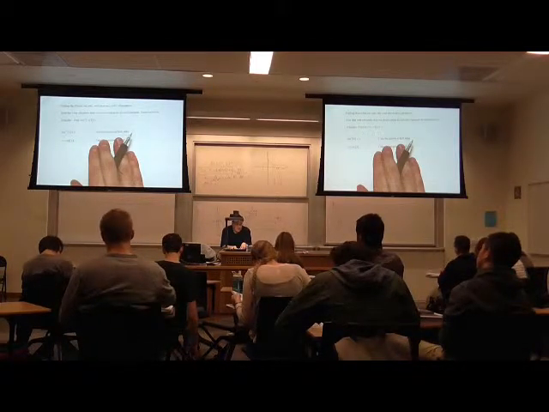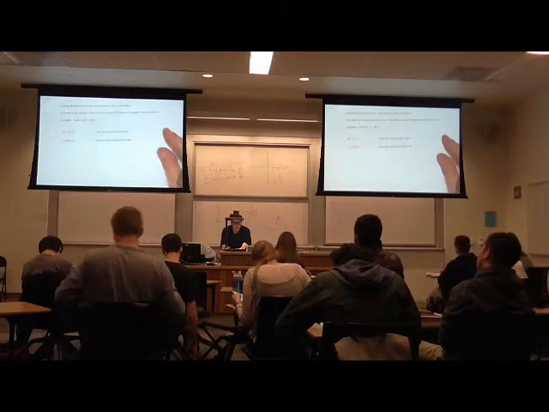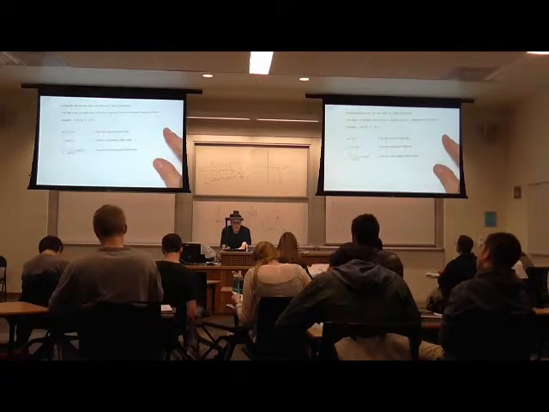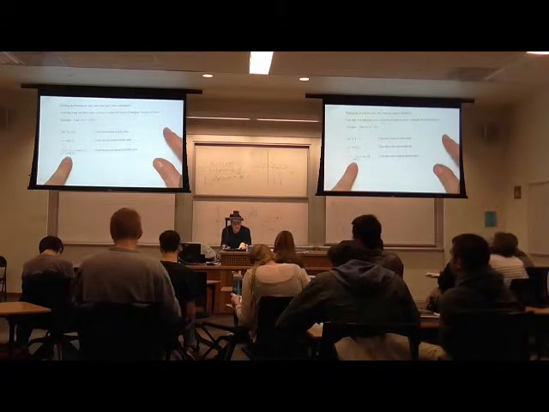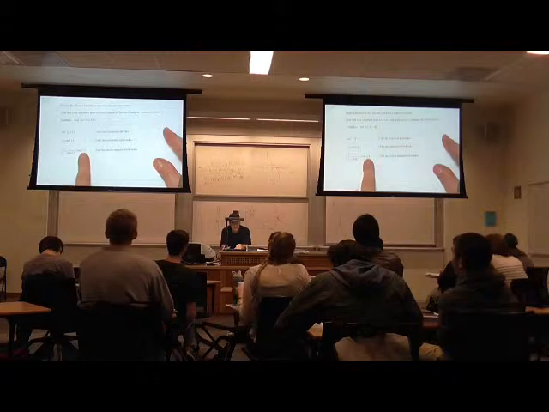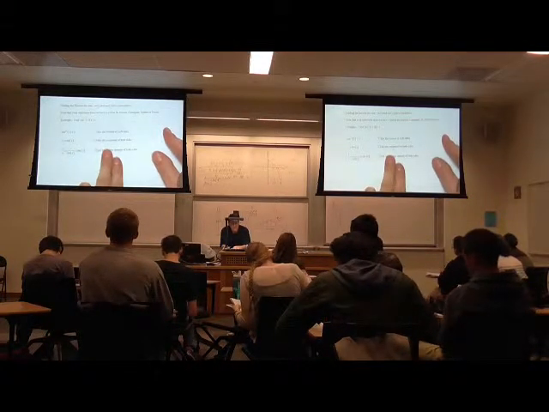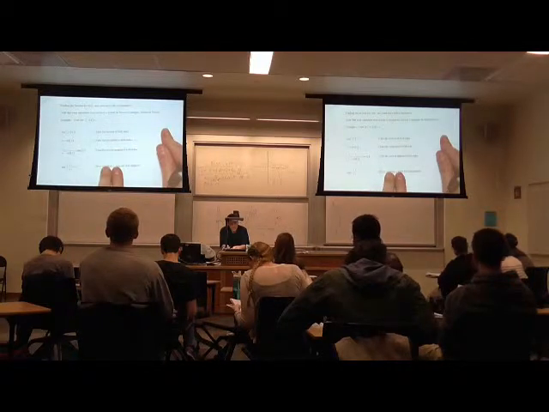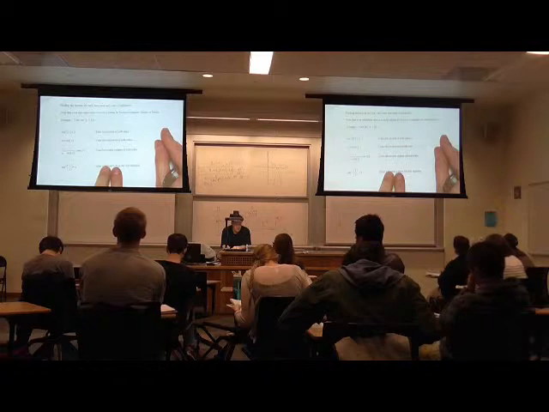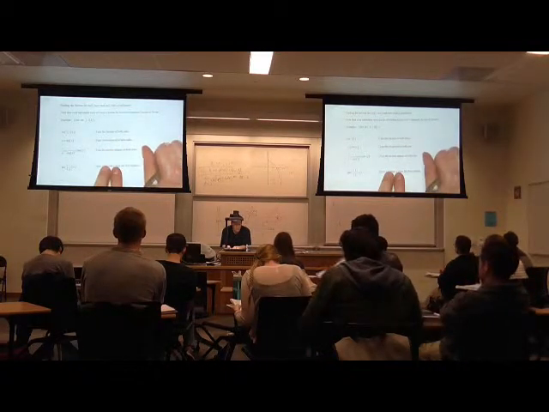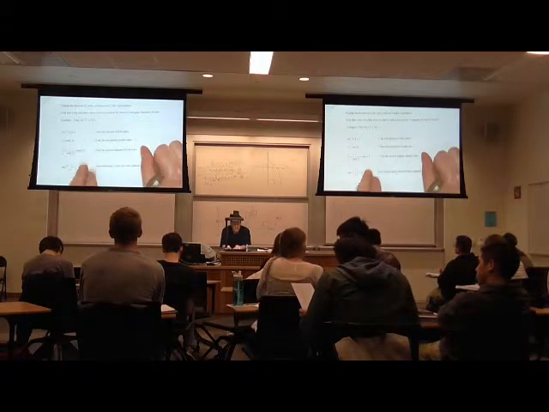So x is the cotangent of y, and now I'm going to take the reciprocal of both sides. So now I have 1 over x is 1 over the cotangent. 1 over the cotangent is just the tangent. All right, I'm getting to where I want to go. Now, I again switch this function. I apply the inverse tangent to the tangent, and I get y.